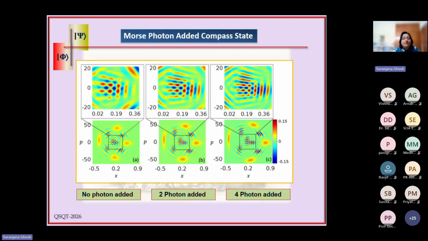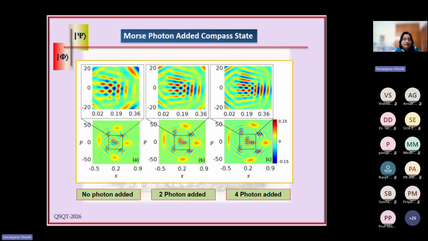Also for the compass-like state, at the central region there are 4 coherent states. It's quite well distinct even in the molecular system, because we have taken an ideal molecule, and for that we have chosen the phase-space support and distribution in such a way that we can have these well distinct wave packets.